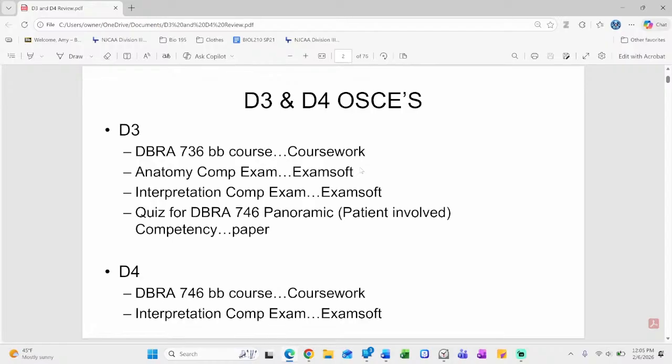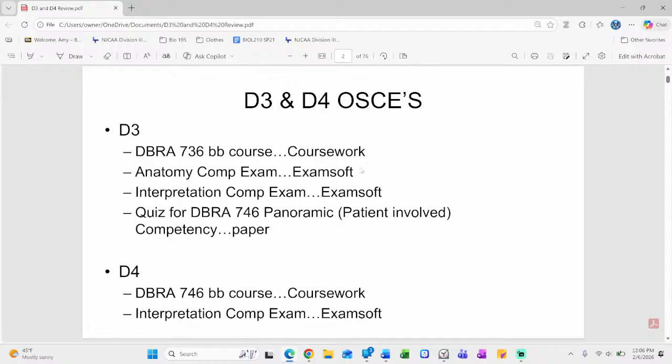One is anatomy, exactly what we did in D2 year: the intraorals, pan, skull, dry bones. And then the interpretation exam, which is going to be both intraorals and of course pans, mirroring the radiology report and going through the big sections there.